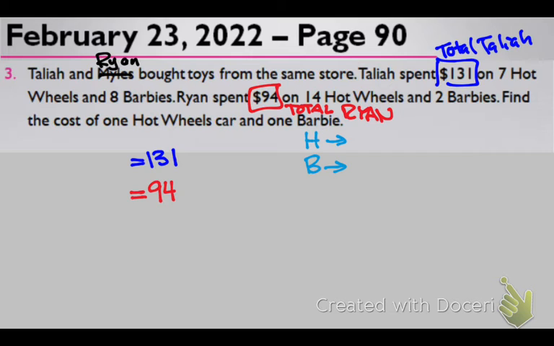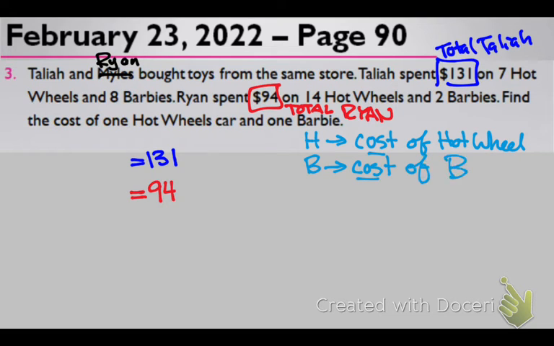Now, are we looking for the amount of Hot Wheels and Barbies? What is it asking us? We're trying to find the cost, or how much each one is. So our H is going to be the cost of a Hot Wheel, and B will be the cost of a Barbie.